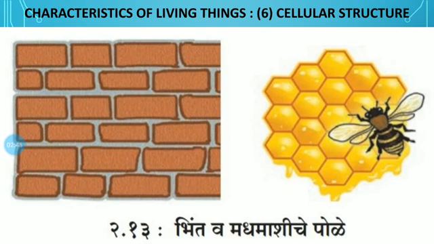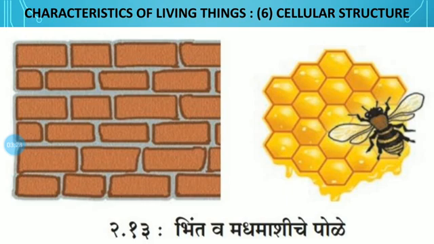In the wall, bricks are joined together, and with the help of those bricks we can construct a wall. So these are the most important things to understand the cellular structure of living things. It is the most important characteristic of living things.